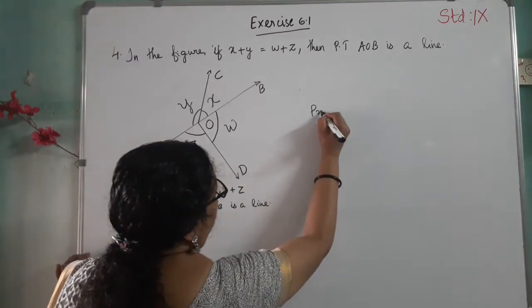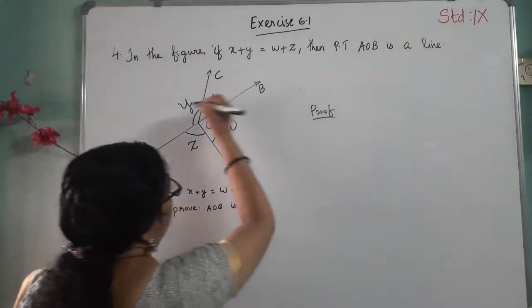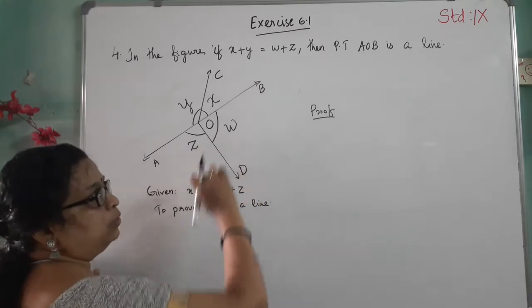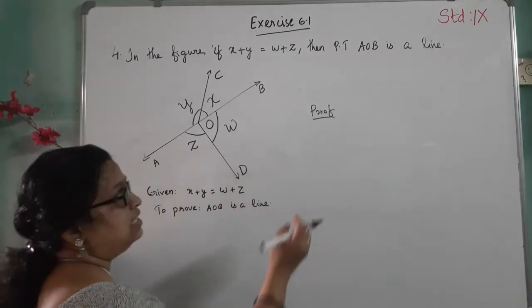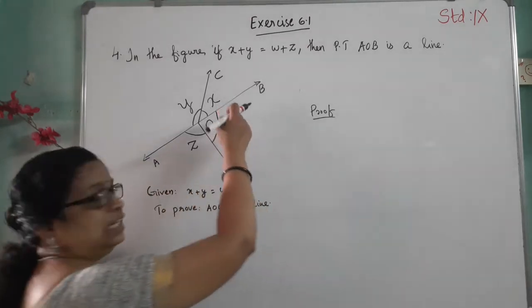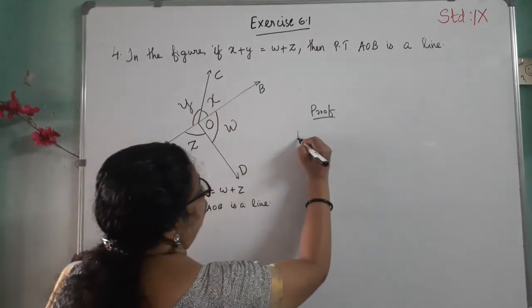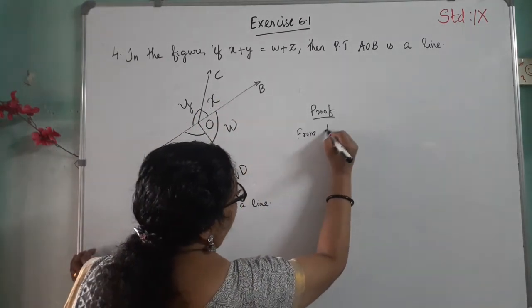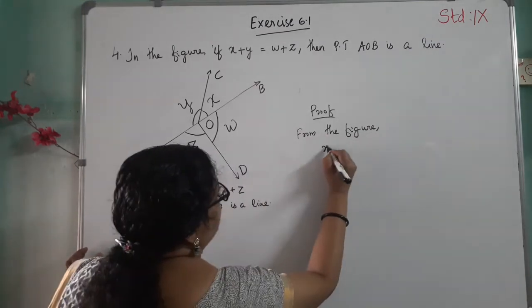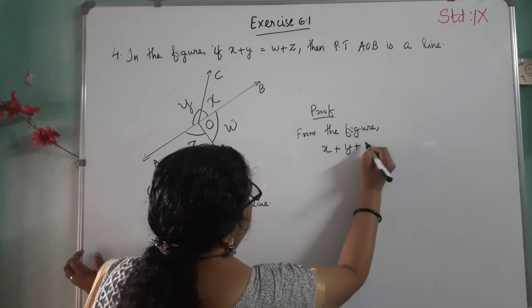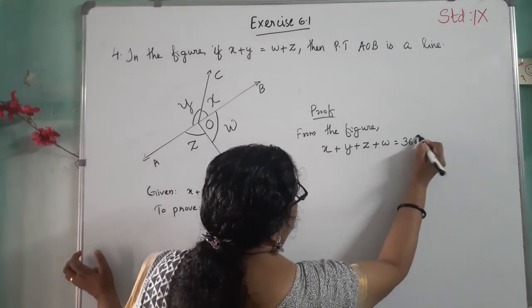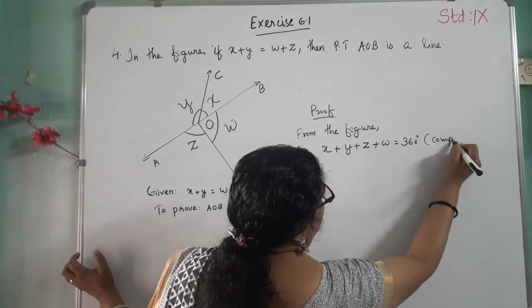Then proof. From the figure we can write S plus Y plus Z plus W equal to 360 degrees, that is a complete angle.